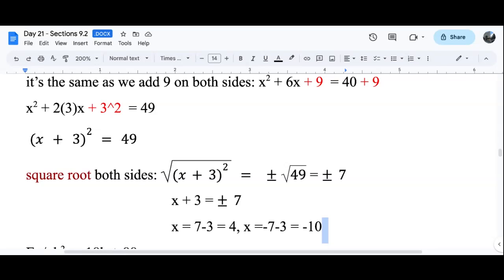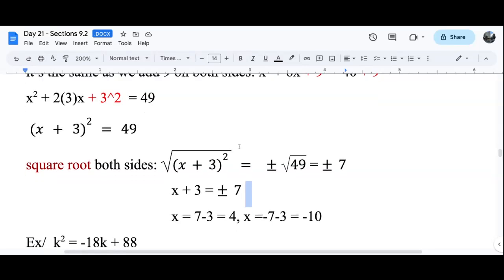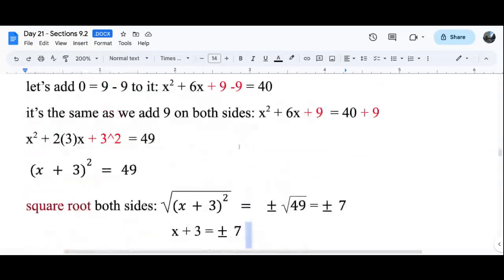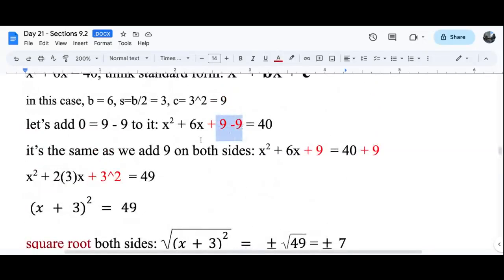Why is 9 still there? 9 minus 9. Hold on a second, let's see. Oh, you see, we started with this.